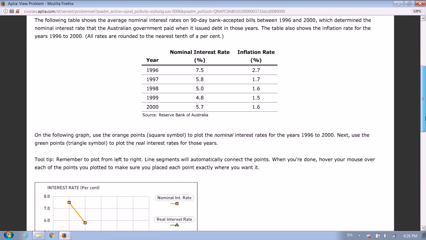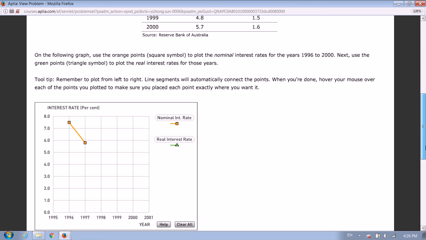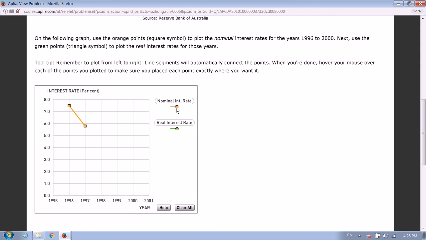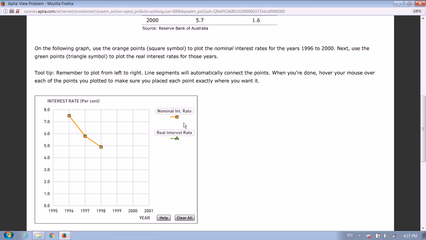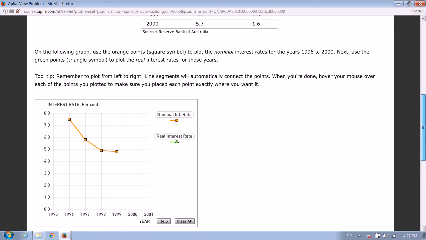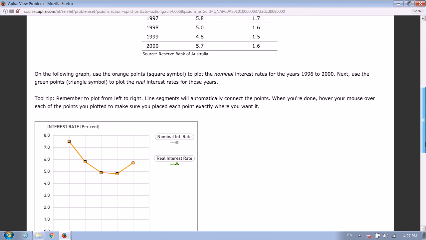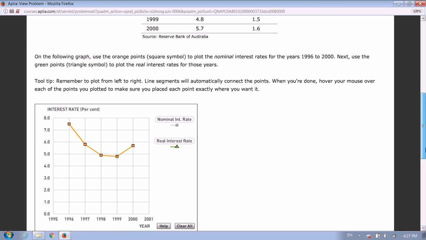In year 1998, 5. In 1999, 4.8. Then 5.7. So that's the nominal interest rate. Inflation rate 2.7.